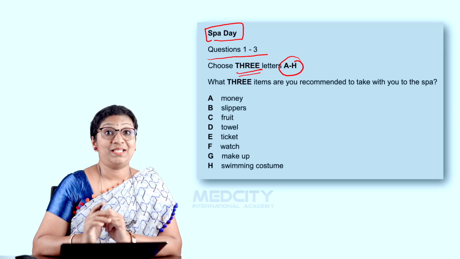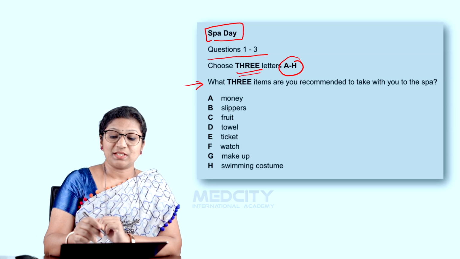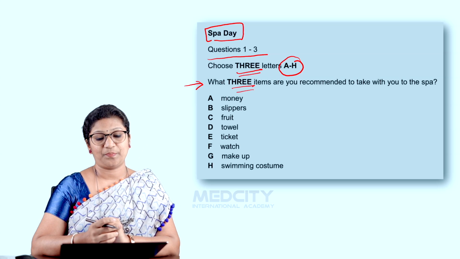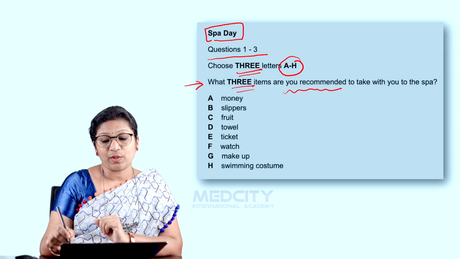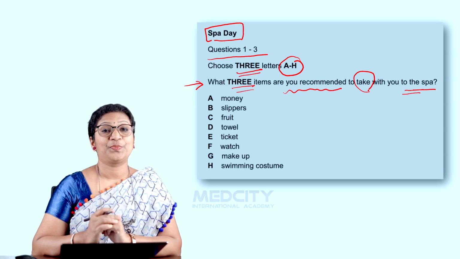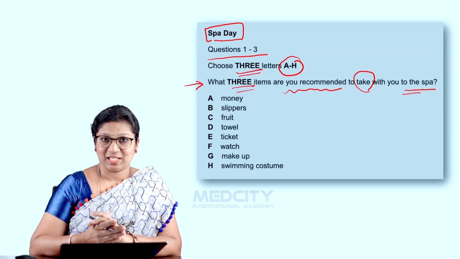Also, you have the question given. And what does the question say? What 3 items are you recommended to take with you to the spa? And we have a list of items given here, right?